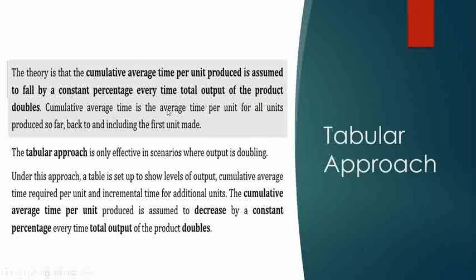This theory says the cumulative average time per unit produced is assumed to fall by a constant percentage every time total output of the product doubles. Cumulative average time is the average time per unit for all units produced so far.